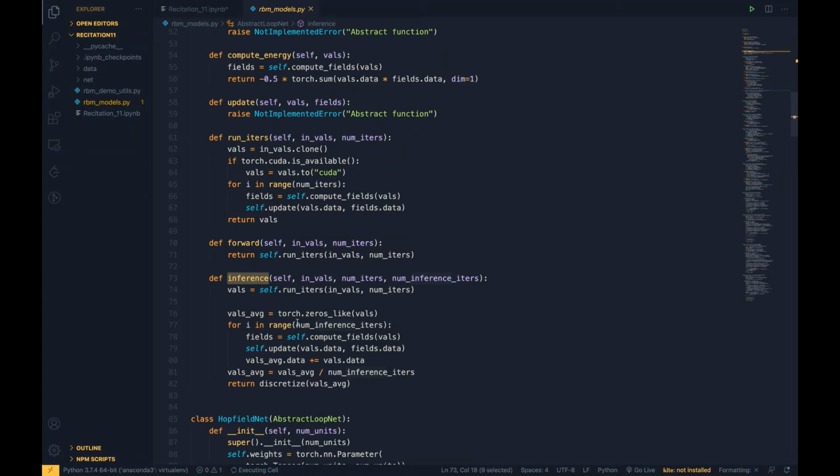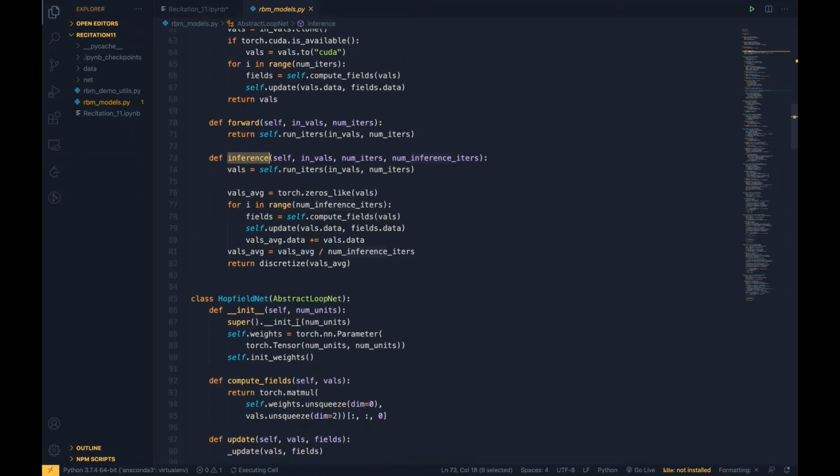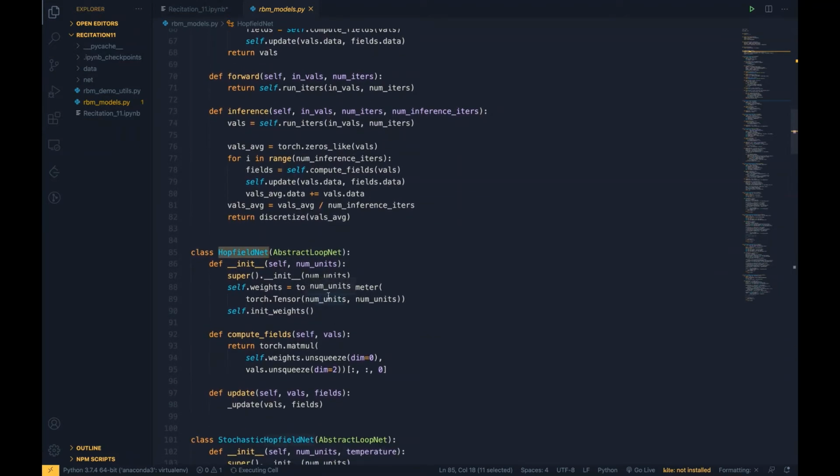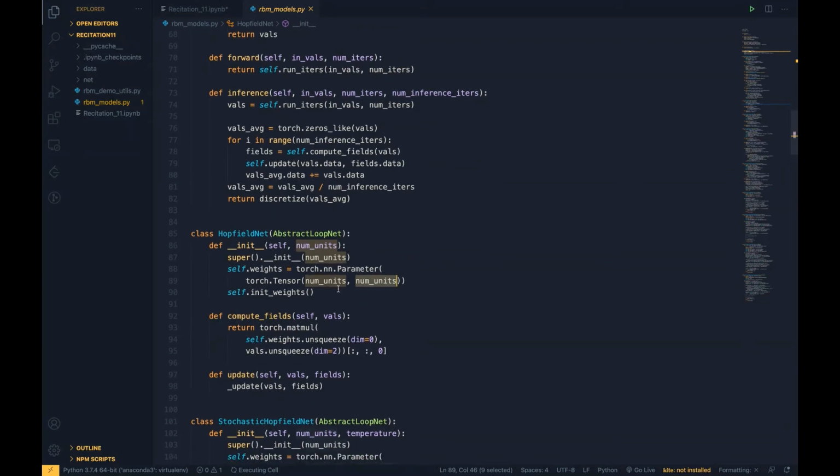Okay, so now let's take a look at the Hopfield network. The weights are defined by a tensor of number of units by number of units. That's very trivial since every neuron in the network can connect with other neurons. So the weight will have a shape like this.